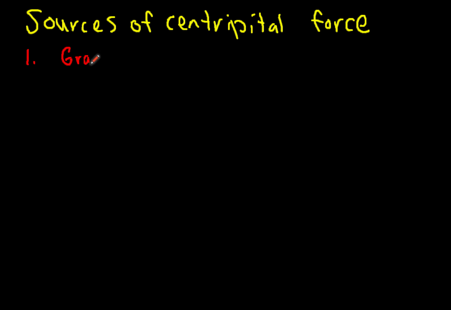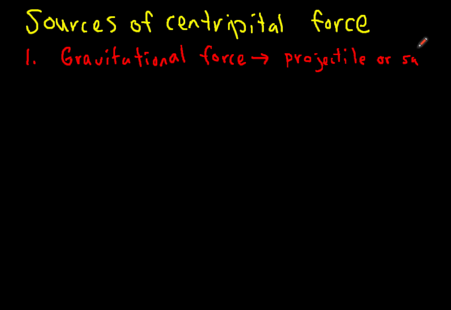the gravitational force can cause an object to travel in a circle. This is seen with a projectile or with a satellite, which is an object that's traveling in a circular path around a planet or a moon. In this case, centripetal force equals the gravitational force.